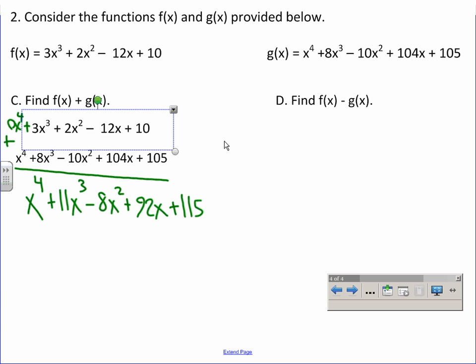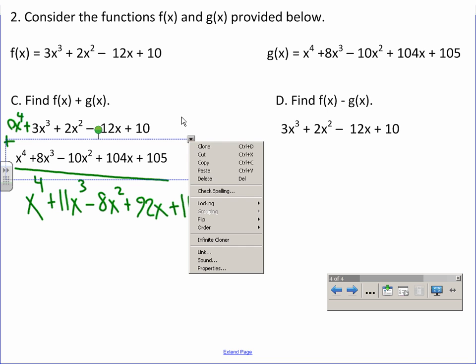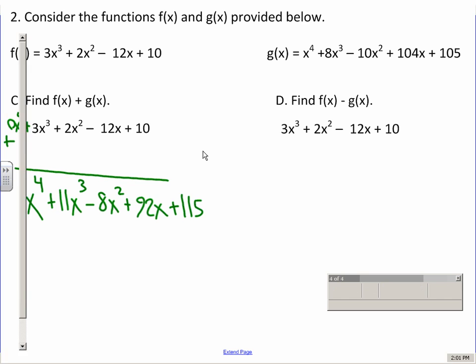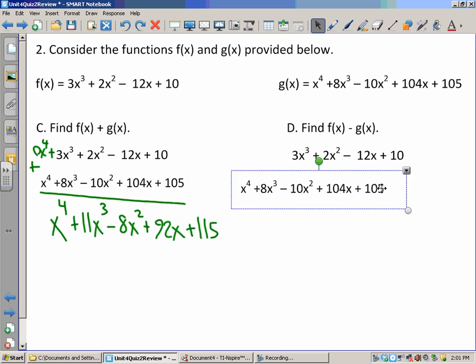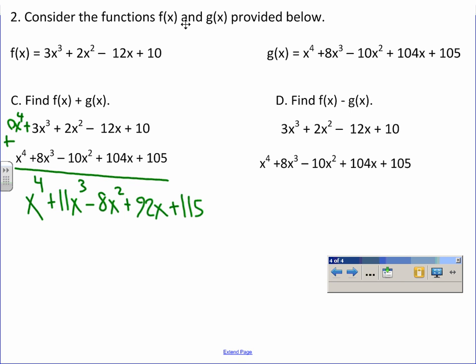Now, if I wanted to subtract, it's a bit of a different story. So let's do f of x minus g of x. So I'll clone f of x, bring it over, and then clone g of x. Not delete g, man. Clone. So we want to clone that. Cool. Bring that over. Now, here I am subtracting.